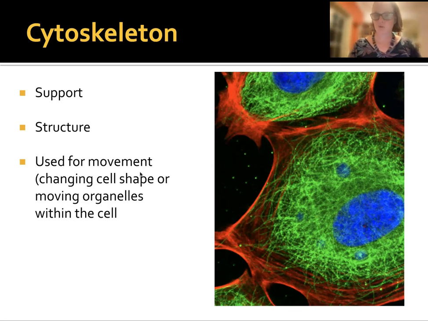It's made up of microtubules, and it's used for structure support and to change the shape of the cell or to move organelles around inside the cell. And it's only really fairly recently that we realized that this was the complexity inside the cell, thanks to the development of fluorescence markers and fluorescence microscopy.